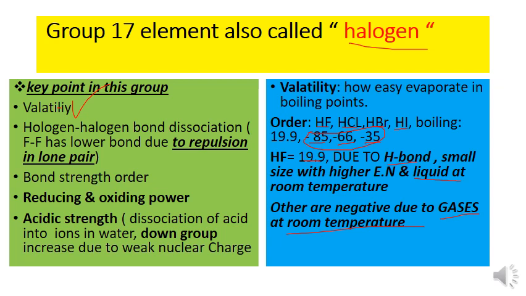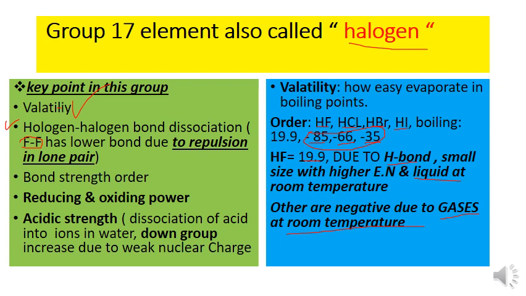Next we are going to see halogen bond dissociation. Fluorine has a lower bond energy due to repulsion between lone pairs. This repulsion causes fluorine's bond dissociation to be low. Also, we are going to see reducing power and oxidizing power.